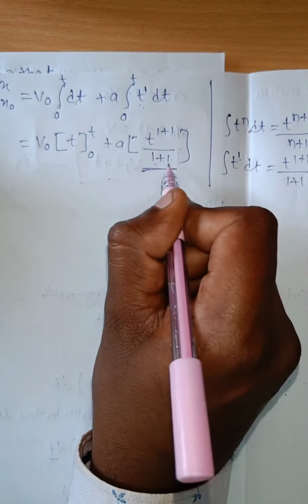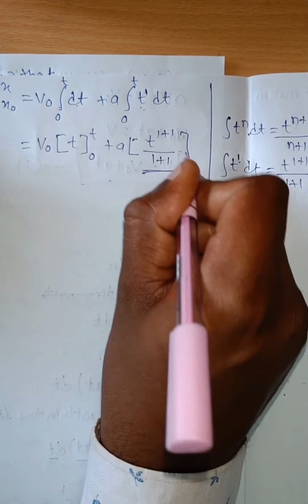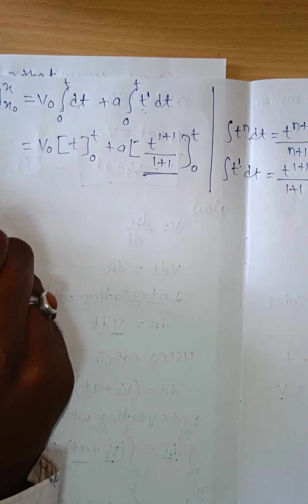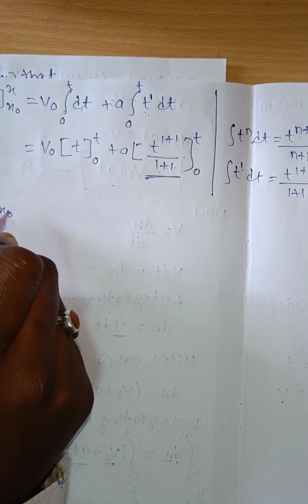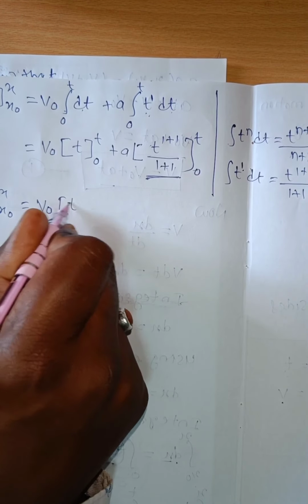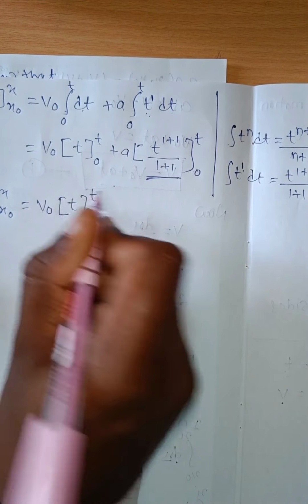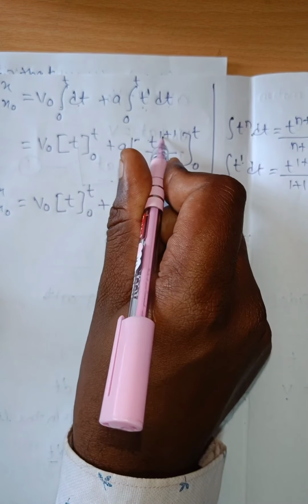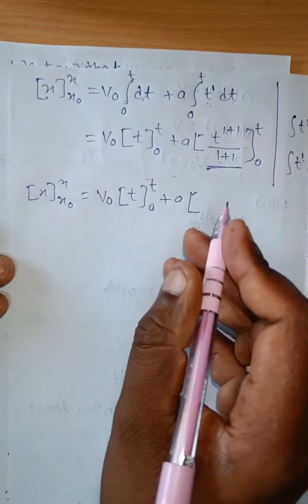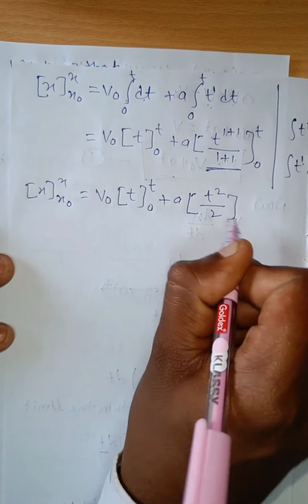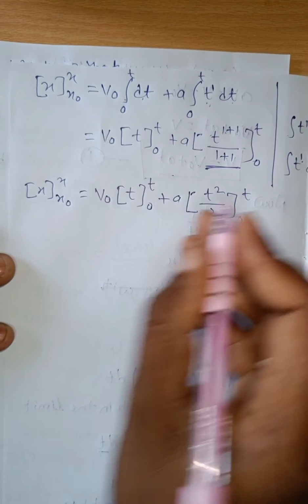So x having limit x naught to x is equal to v naught t having lower limit 0, upper limit t, plus a into t square divided by 2 having lower limit 0, upper limit t.